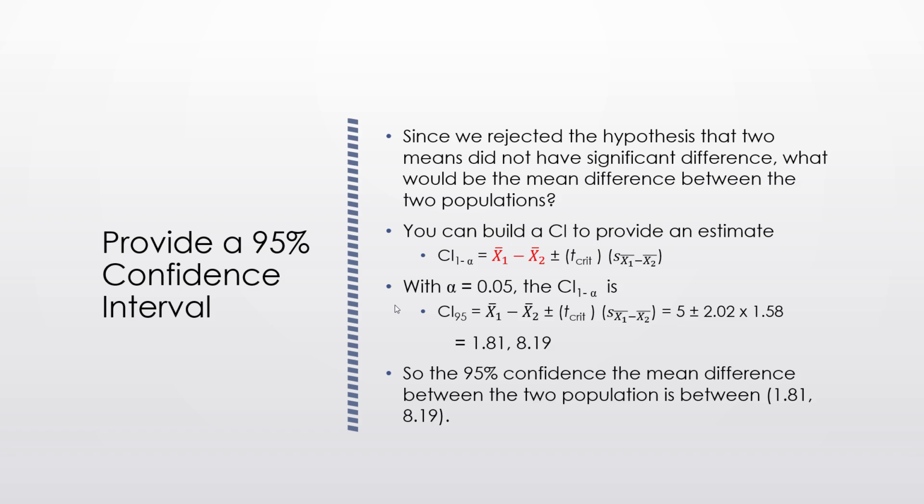For our example of study strategy, with alpha equals 0.05, the 95% confidence interval is 5 plus or minus 2.02 times 1.58, which gives us a range between 1.81 and 8.19. Because 0 is outside of this range, the confidence interval supports the conclusion that the mean difference is significantly different from 0.